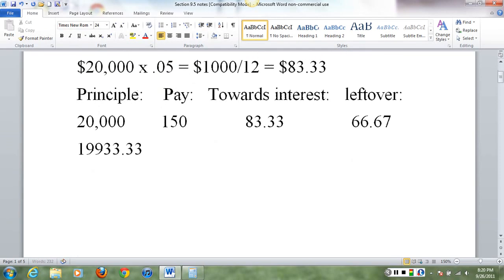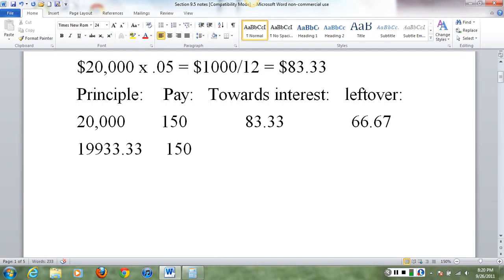Now we're still paying the next month payment. We're still paying $150. Again, of that amount, this payment, $83 goes towards interest.